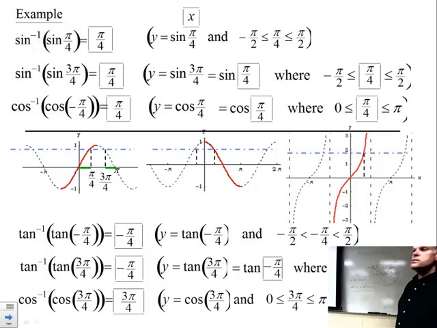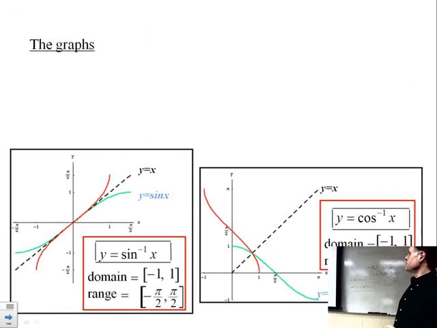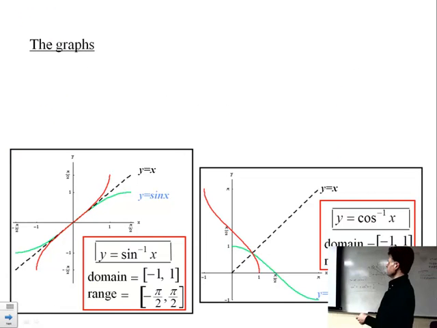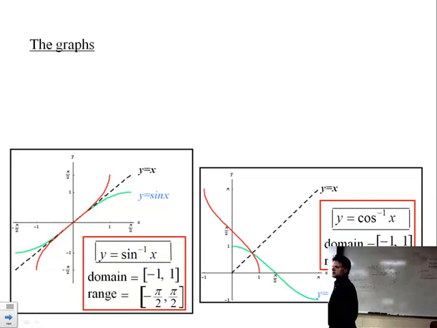All right, shall we go on then? Here are the graphs of these inverse functions. So here, the green is the graph of y equals sine of x, restricted to the domain minus pi over 2 to plus pi over 2.